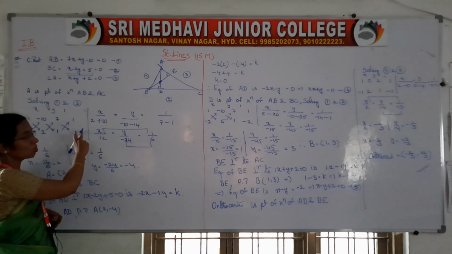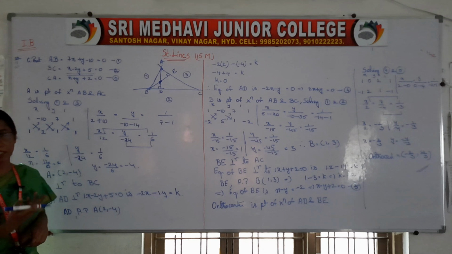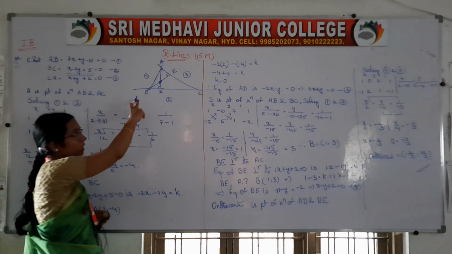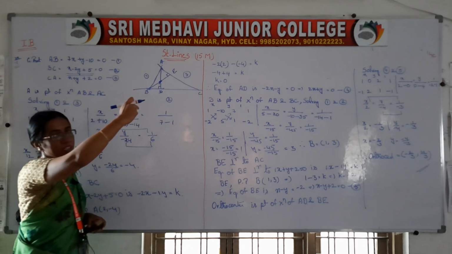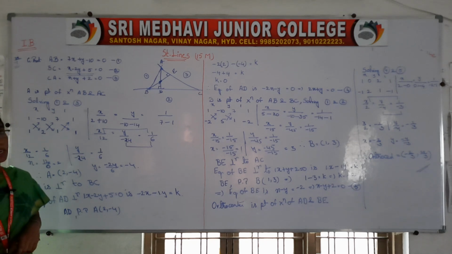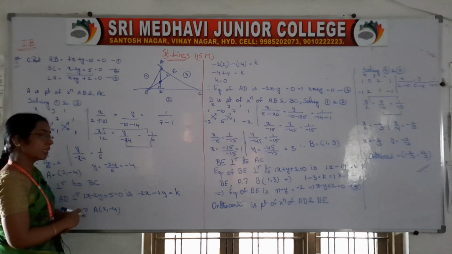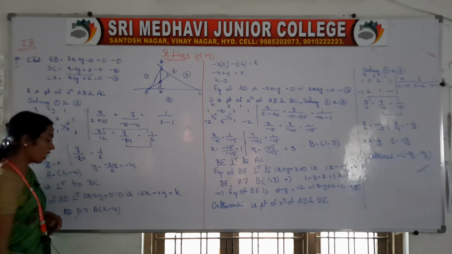Once you know this cross multiplication method, you can easily find out any number of points of intersection. If you got B, then this BE is perpendicular to AC. With that concept, we use that formula for the perpendicular line. If we want to write any line's perpendicular line, what happens?